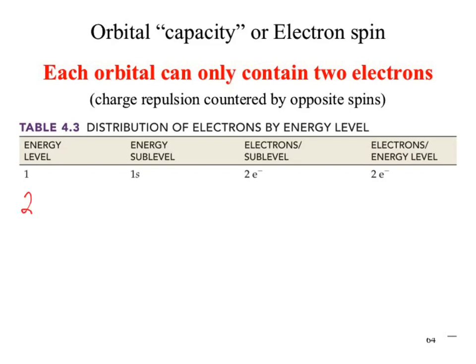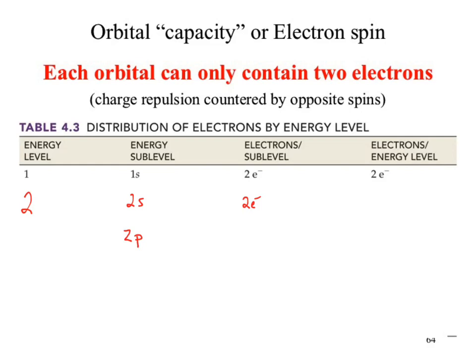The second energy level. How many energy sublevels are there? I have the 2s and I have the 2p. How many electrons fit in the s orbital? 2 electrons. How many electrons fit in a single 2p orbital? 2 electrons.